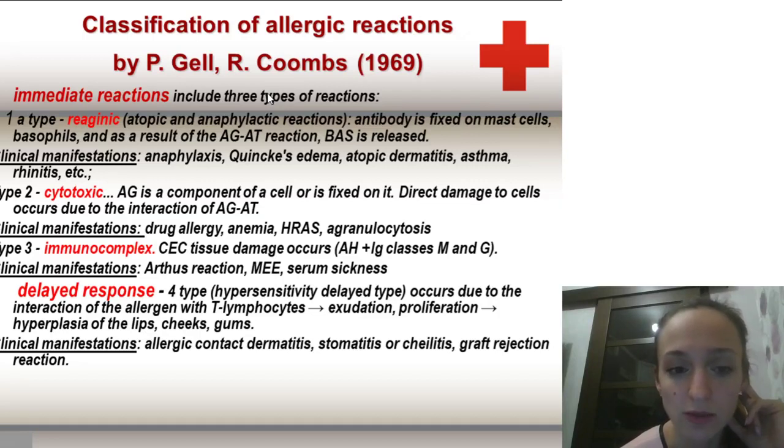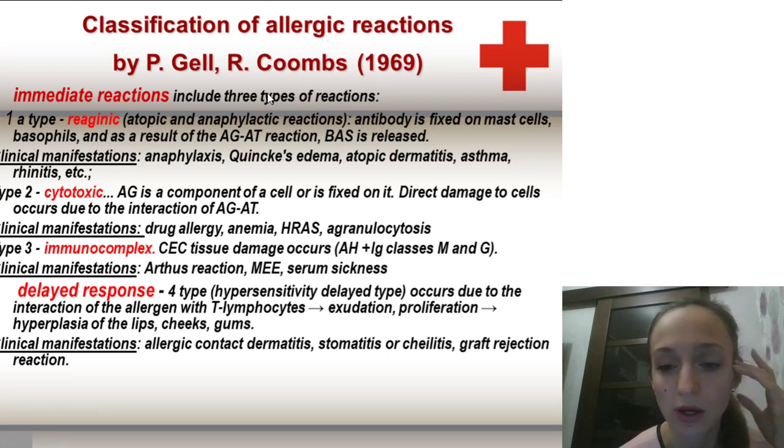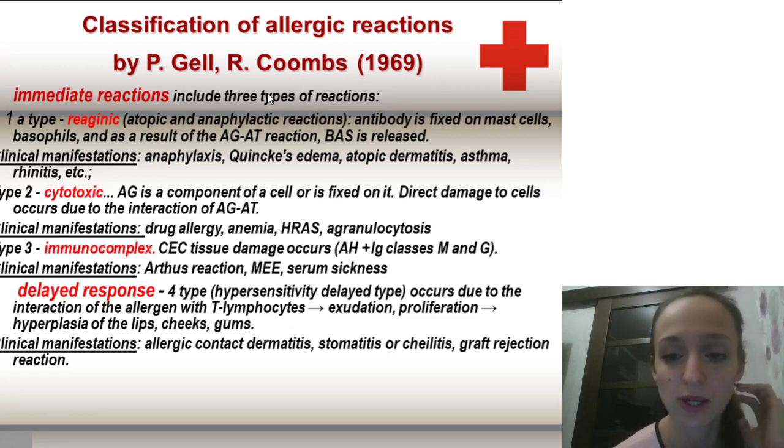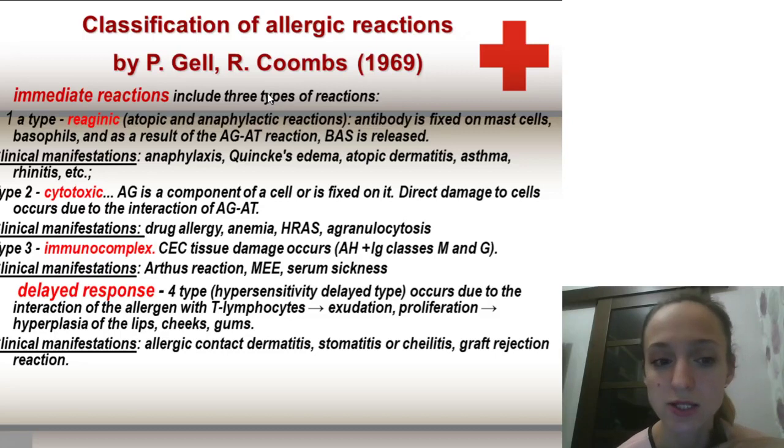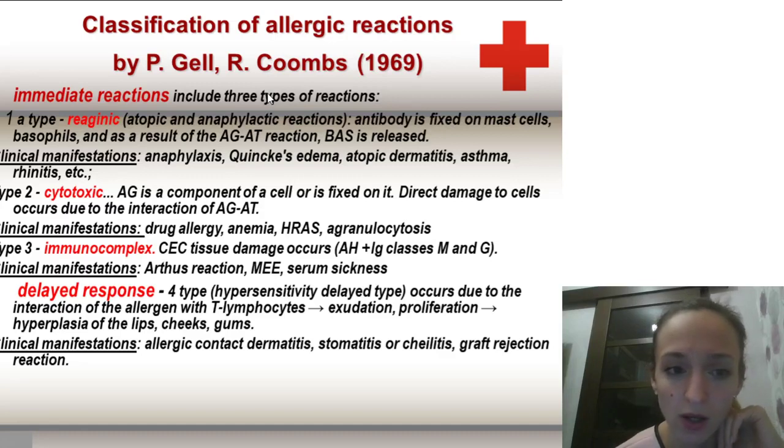Third type is immunocomplex, with immunoglobulins of different classes. In this type, it is class M and G. Clinical manifestations are different reactions, serum sickness, and delayed response.